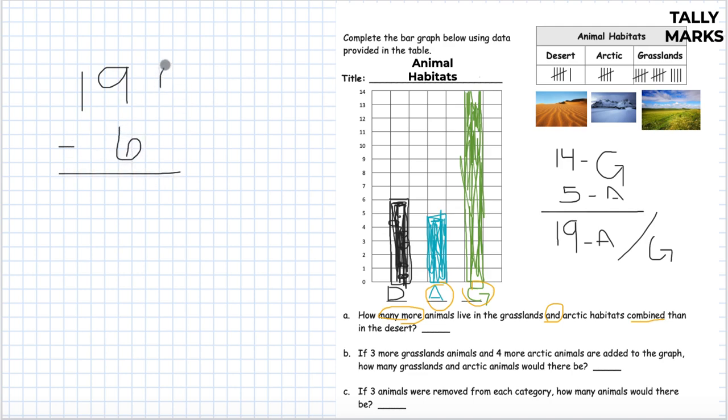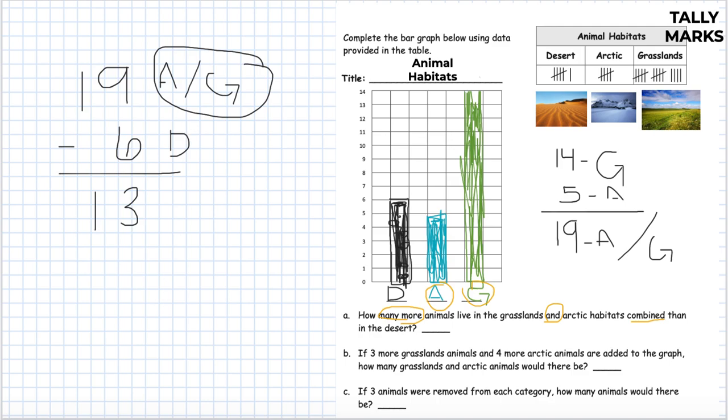So 19 represents what is in the Arctic and the grassland, and 6 represents what is in the desert. So I'm going to go ahead and subtract, and that's going to give me 13. So there are 13 more animals in the Arctic and the grassland than there is in the desert.